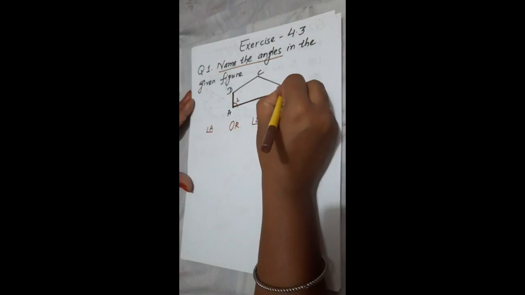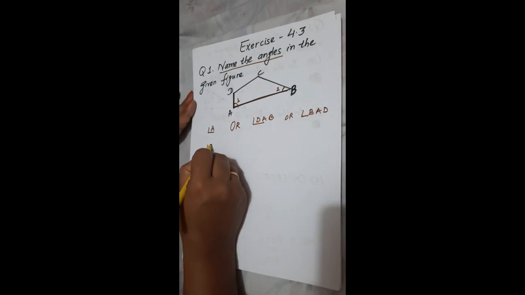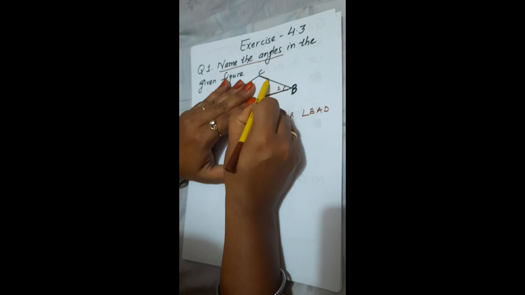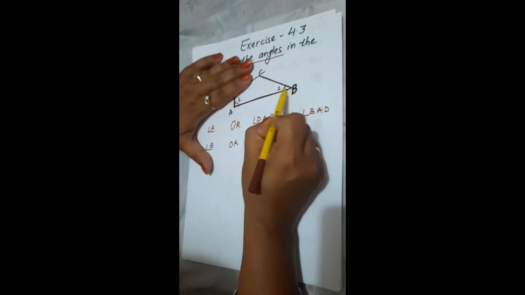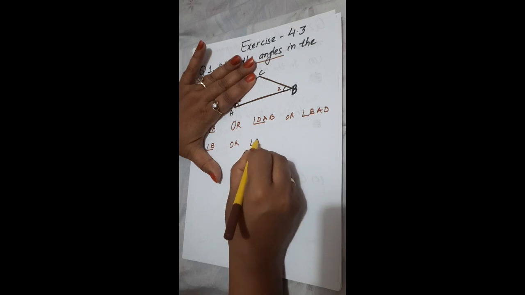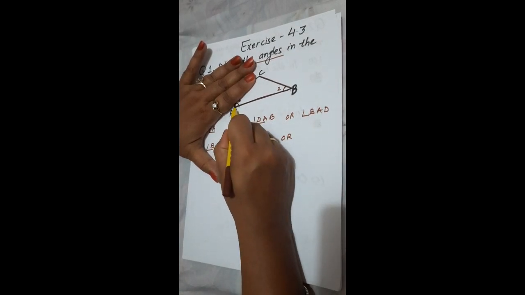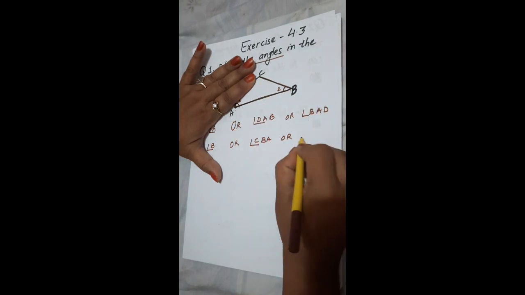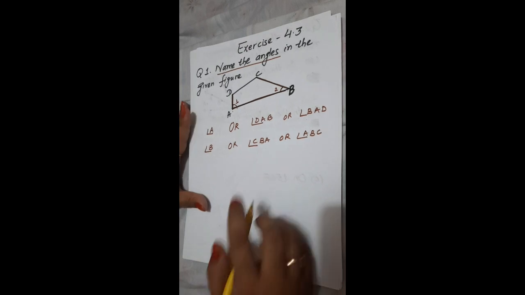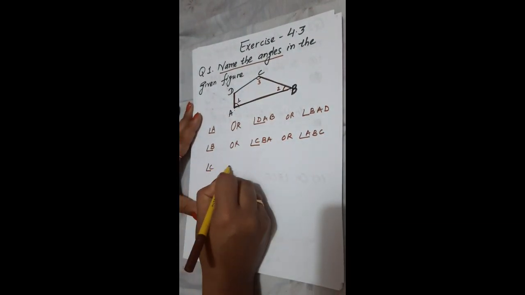Now next, this is the second angle, that is angle B. This can be written as angle B or we can say CBA. I can also write like this: ABC. Now next we have this angle C.